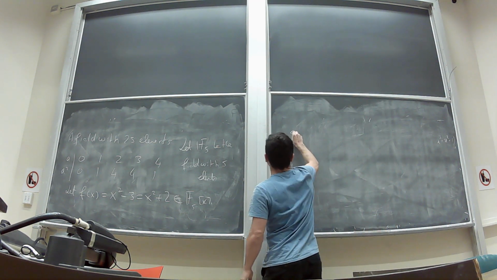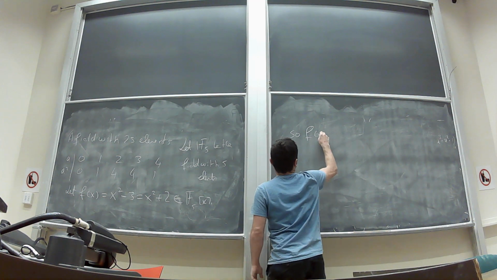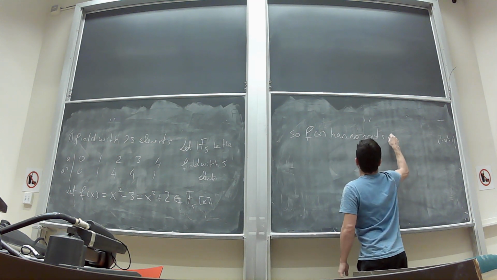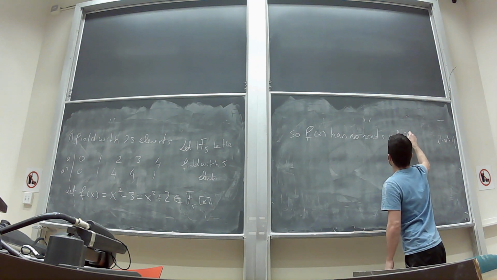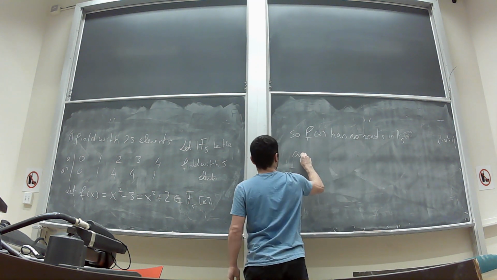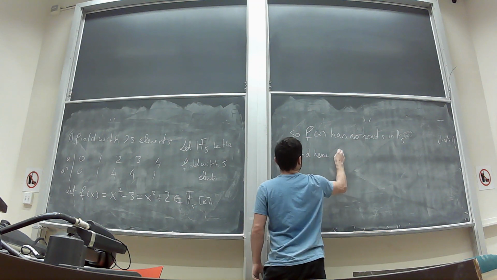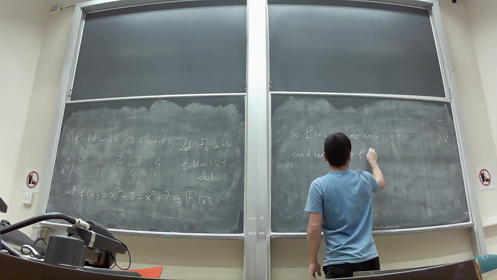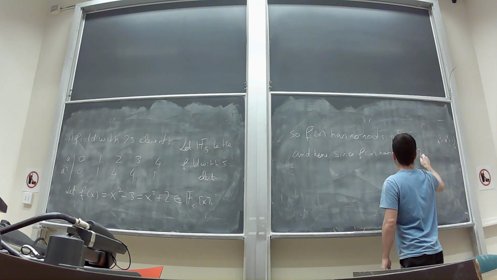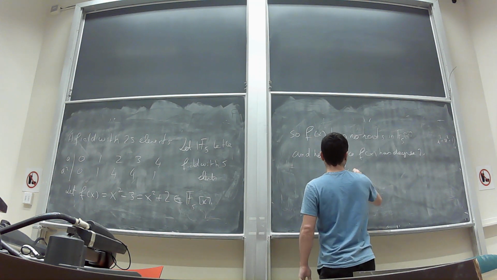Yeah, so f of x has no roots in F5, and hence, since f of x has degree 2, f of x is irreducible in F5[x].